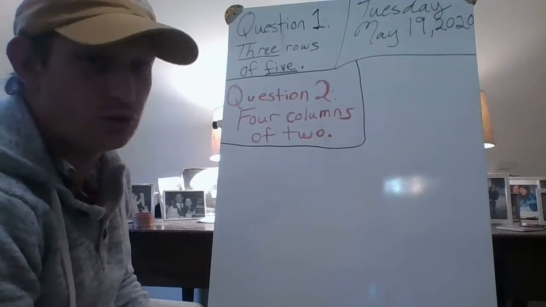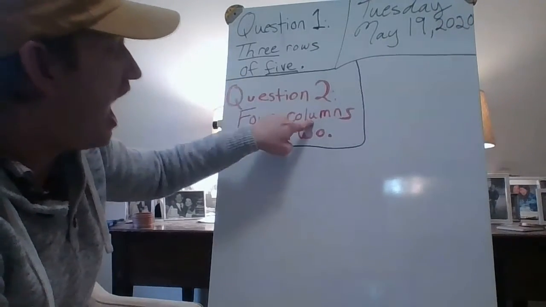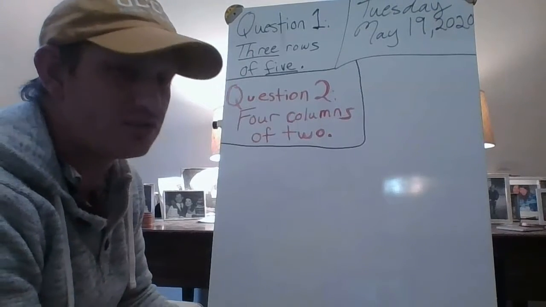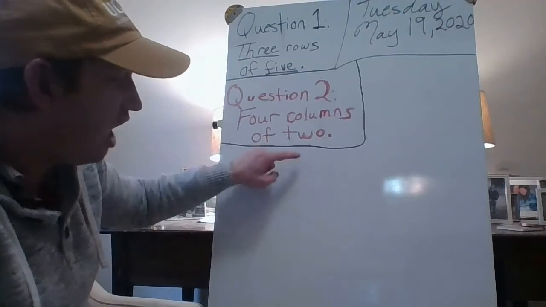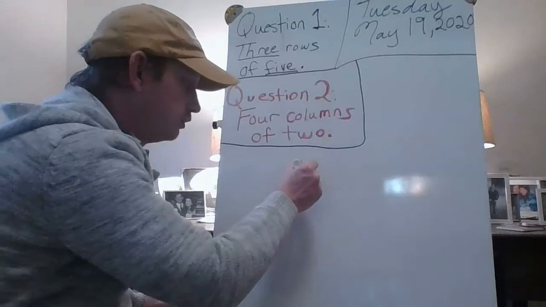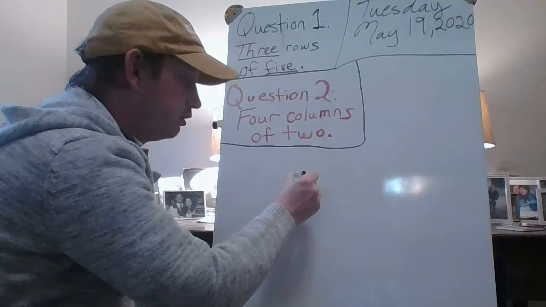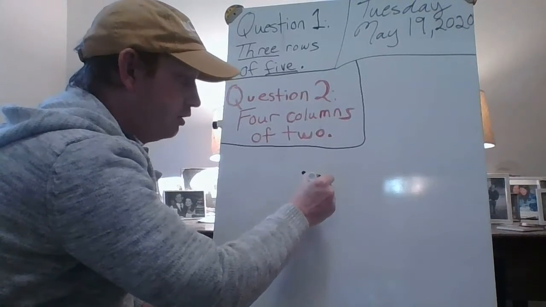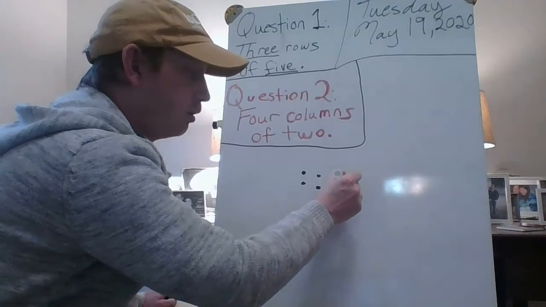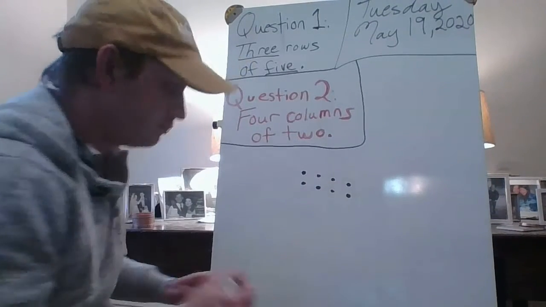For question number 2, we have 4 columns of 2. 4 columns of 2. So remember, a column goes up and down. So 1, 2, 1, 2, 1, 2, 1, 2.